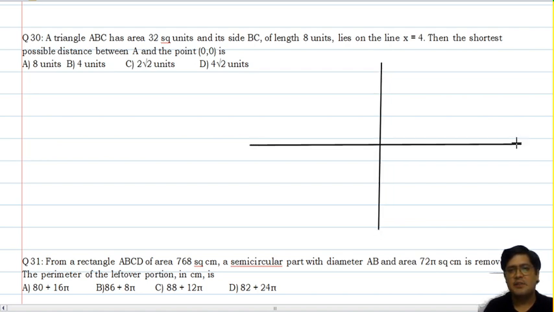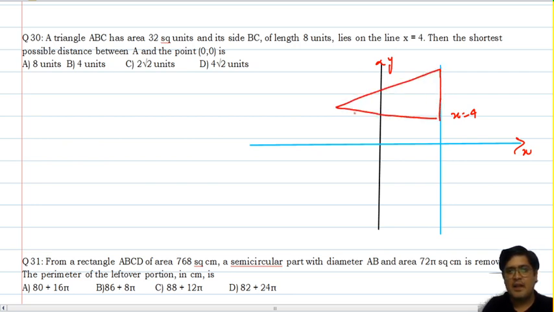These are my xy axes and this is my line x is equal to 4. Guys, this one is x-axis, this one is y-axis, this is the line x is equal to 4. Now I have to put a length BC. See, if I put BC here and if I put A here, the distance from A and the origin is to be measured.